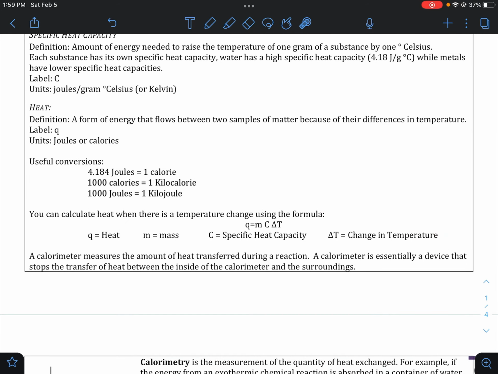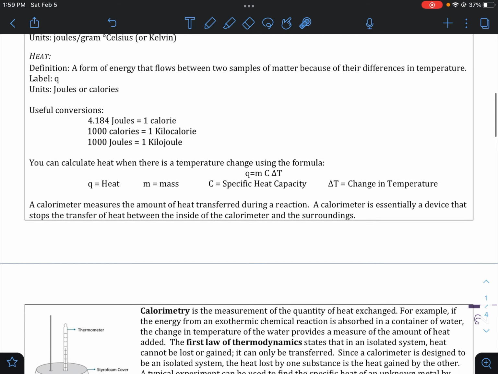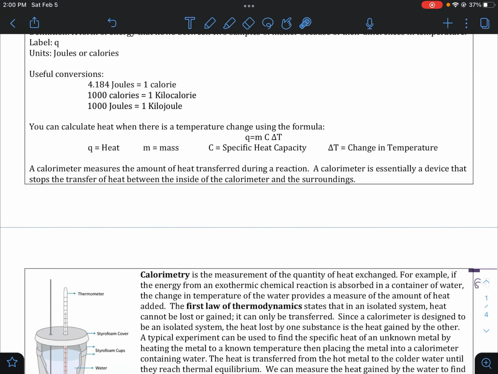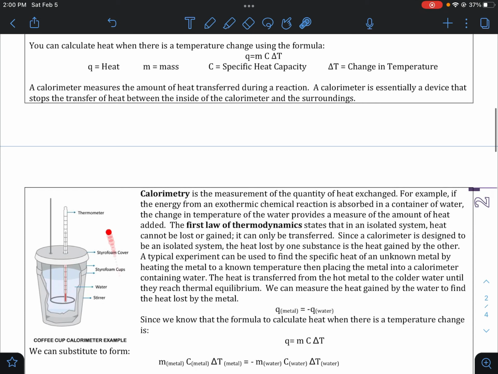The way that we typically do this is through a method called calorimetry. Calorimetry is the word for measuring the amount of heat transferred during a reaction, or how we do that. There are different types of calorimeters: nicer versions that are more expensive, or some that are really simple, like this one, which is two styrofoam cups inside of each other with a styrofoam cover.